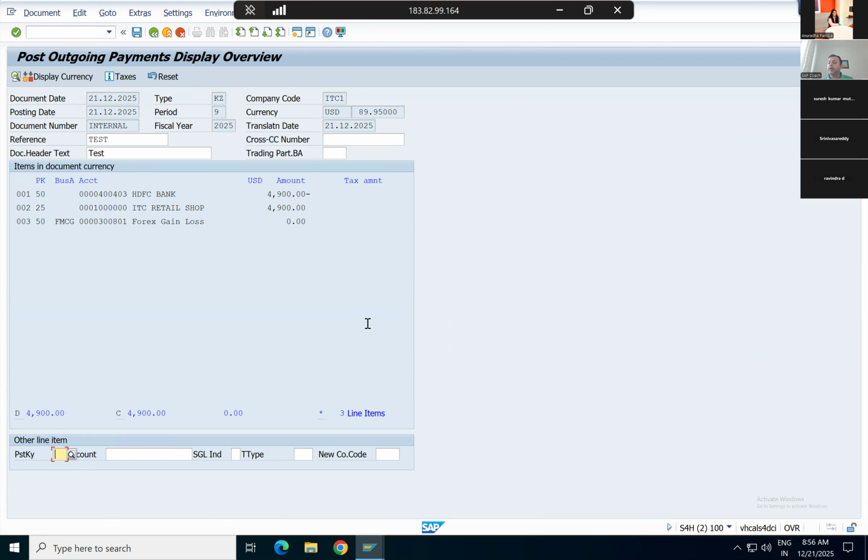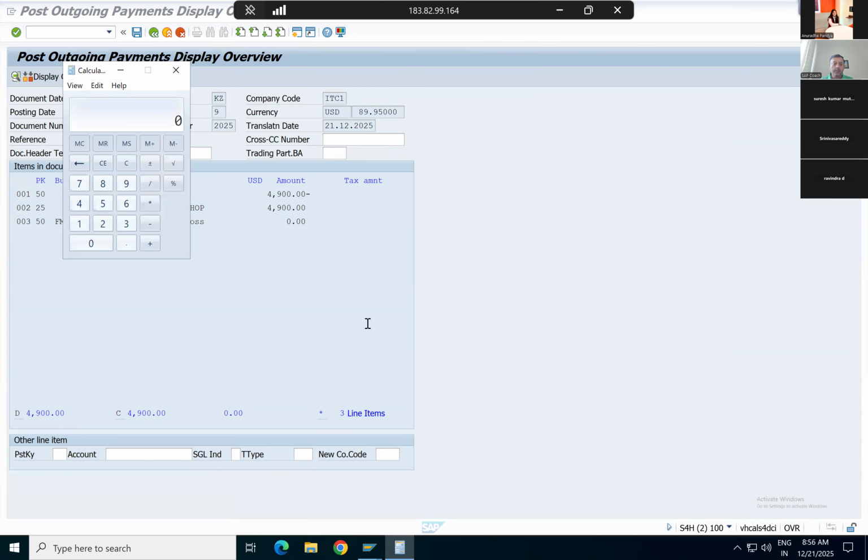So 0.26 is the difference between these two. I'll show you here on the calculator. 90.21 minus 89.95 is 0.26, multiplied by 4,900. So it is 1,274. This is what I have gained on exchange fluctuation.